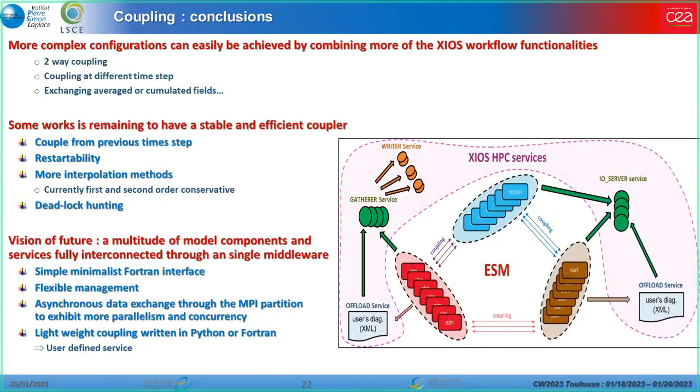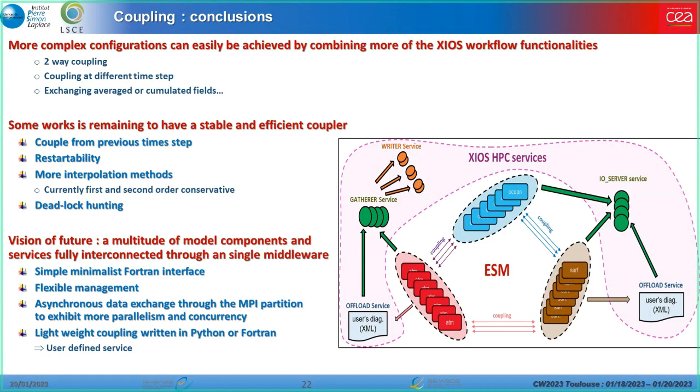Okay. So, of course, it's a very simple example, one-way coupling, but you can achieve much more complex configurations by combining more of the XIOS workflow. That way you can do two-way coupling, you can couple different time steps, you can manage average and accumulated fields, etc. So, you have the functionality, but some work remains to have a stable and efficient coupler.